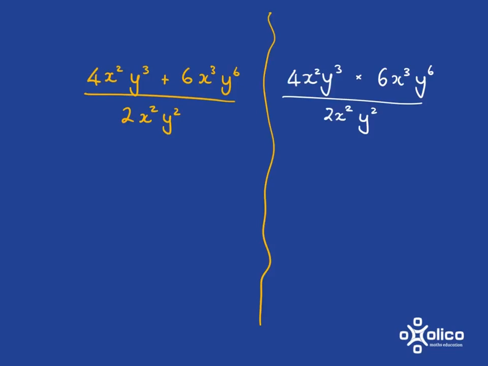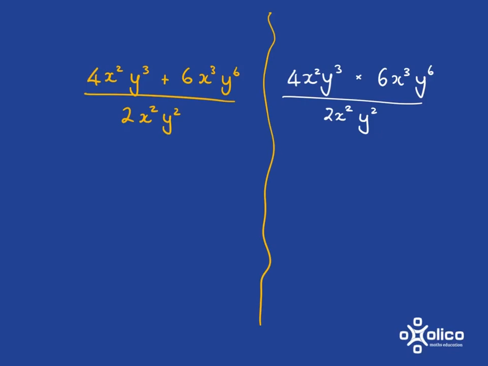One last thing I want to point out is that if we have a look at these two things, although they look quite similar, they're very different, because here you have a plus at the top. So you've got two separate terms, and this thing at the bottom needs to then be distributed to each of those terms.